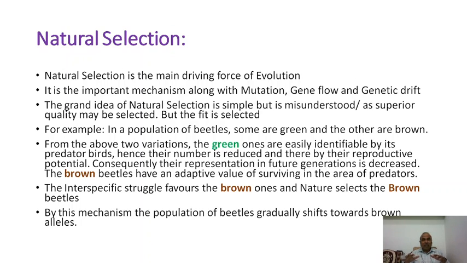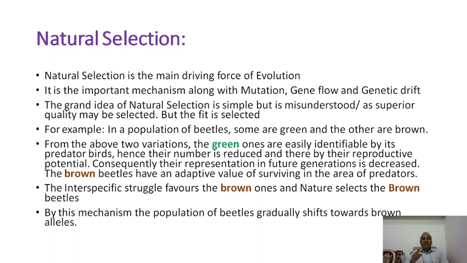But these are all the things. The very, very important force of evolution, the driving force of evolution, is natural selection. That's why Darwinism is still valid. It is an important mechanism along with mutation, gene flow, and genetic drift.